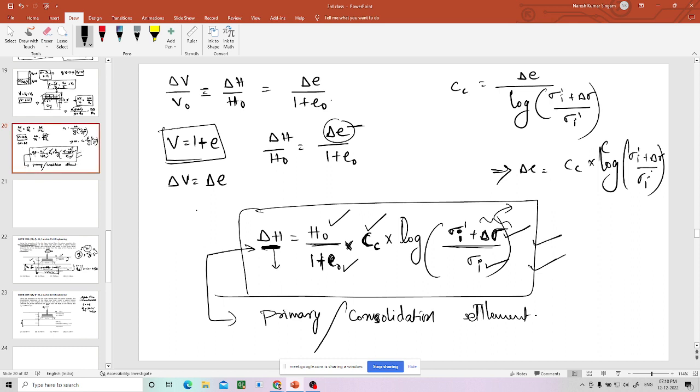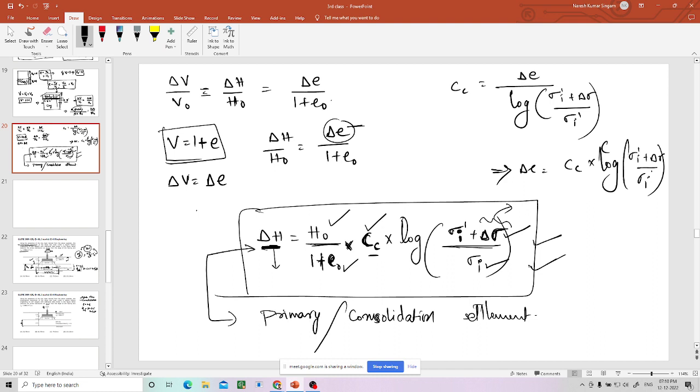This is the primary consolidation settlement, whose formula is H naught, the initial clay layer thickness, divided by 1 plus e naught, the initial void ratio. H naught and e naught denote initial conditions. H naught by 1 plus e naught into Cc, this is the compression index, then log of current stress divided by initial stress.